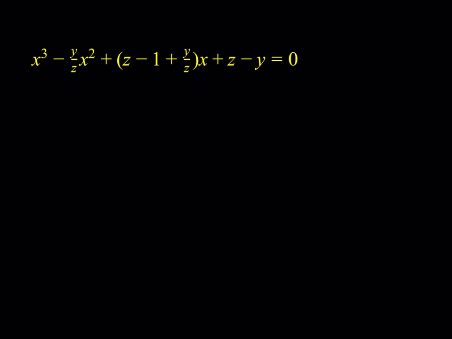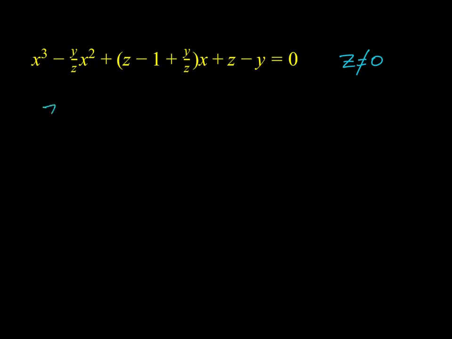Now, the first thing I want you to notice is that we have some fractions, and there's a z in the denominator. And obviously, we don't want z to be 0. So let's go ahead and write that down. Z does not equal 0. And with that condition, I can just go ahead and multiply both sides by z.